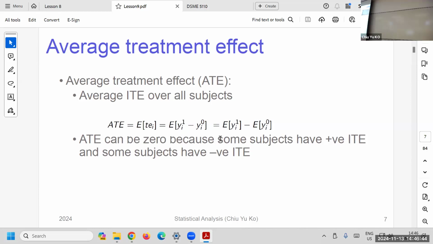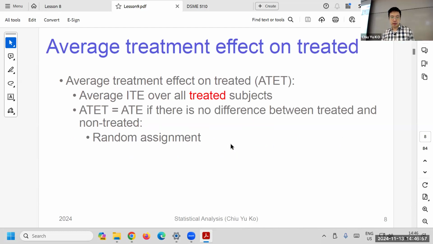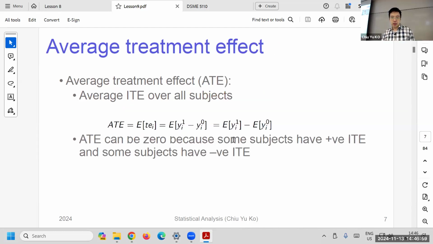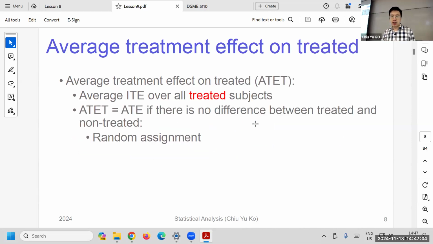All the terminology here is basically trying to make sure that you can compare people who get a treatment with those who are the same. Okay, so that is the main idea. This is what we want to get.